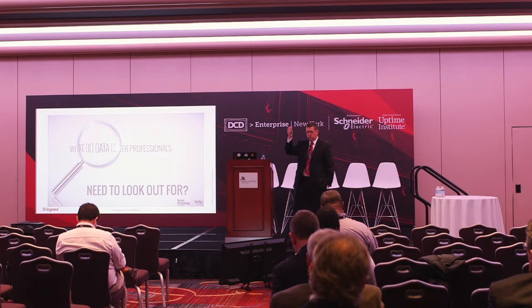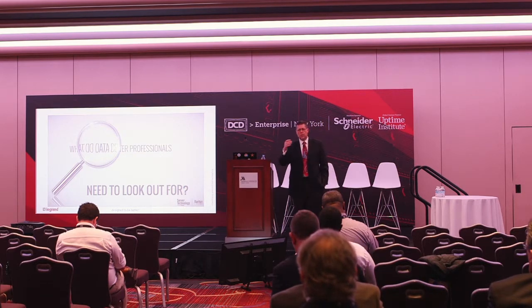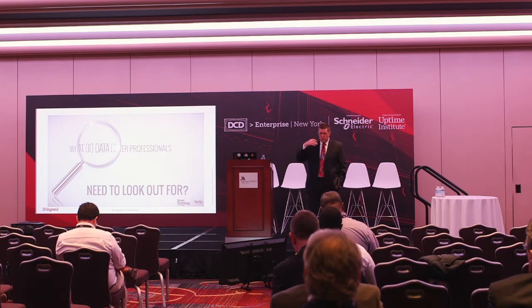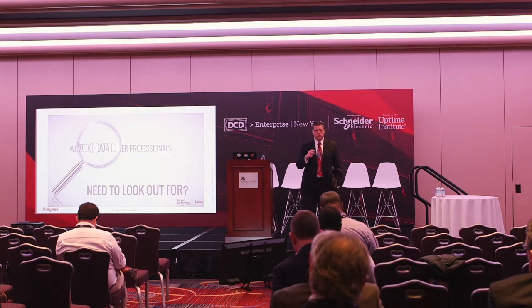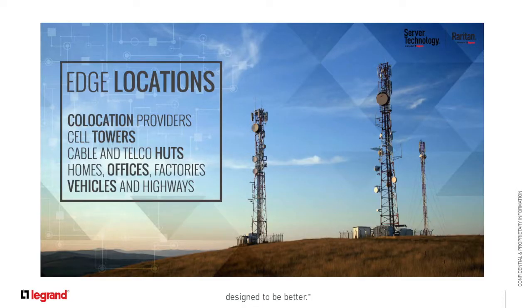You've heard during the day here many different people speak of deploying infrastructure at cell tower locations or at other locations throughout a city. So I will get into a little bit more of what that's going to look like, but basically, edge locations are places that we're already familiar with, all right?